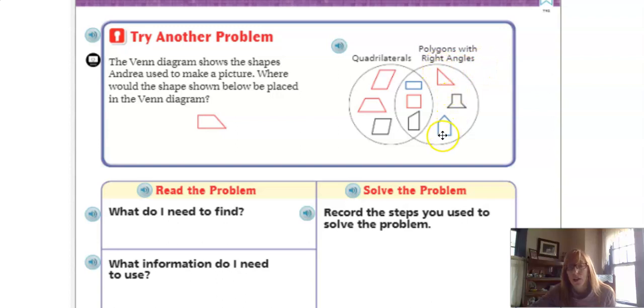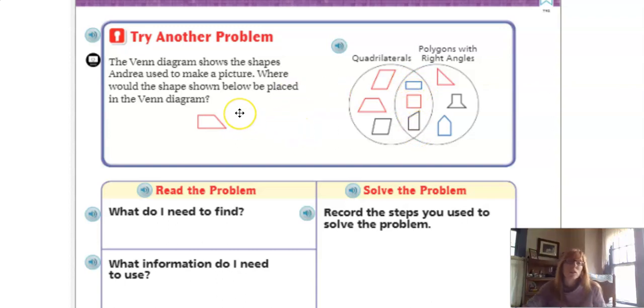So these have right angles, and they're polygons. Polygons means they could have many sides that are closed. Over here, quadrilaterals. Quadrilaterals means you can only have 4 sides. And then where they go in between, these have to be quadrilaterals and they have to have right angles.